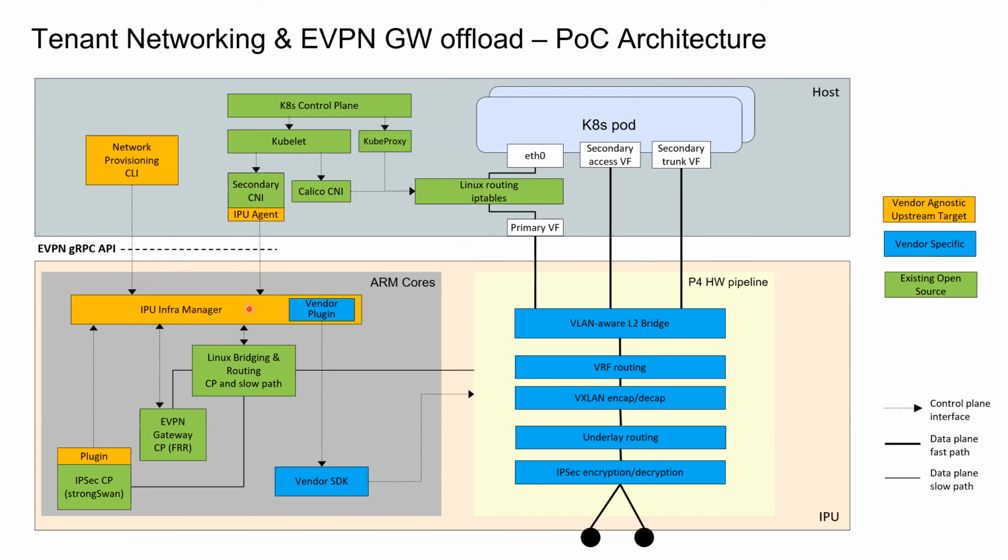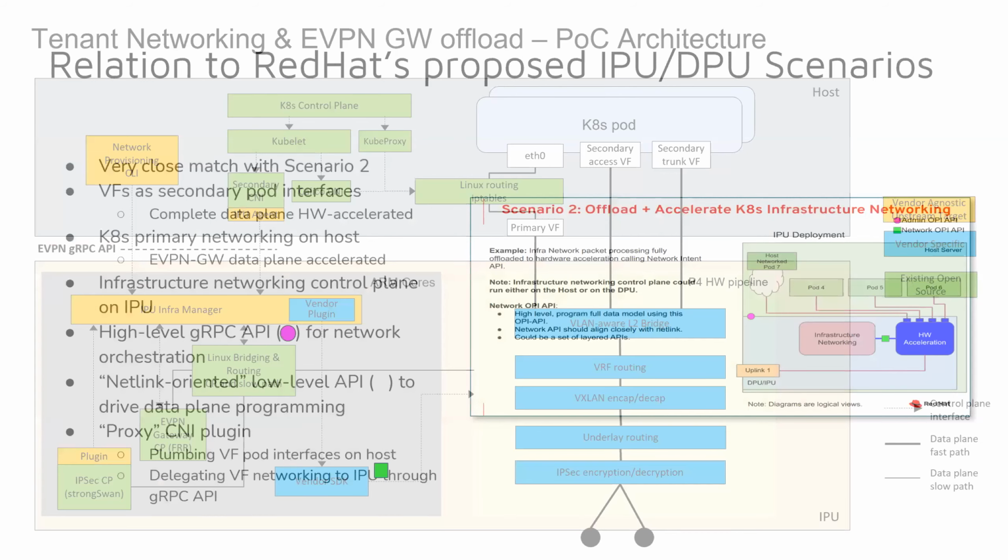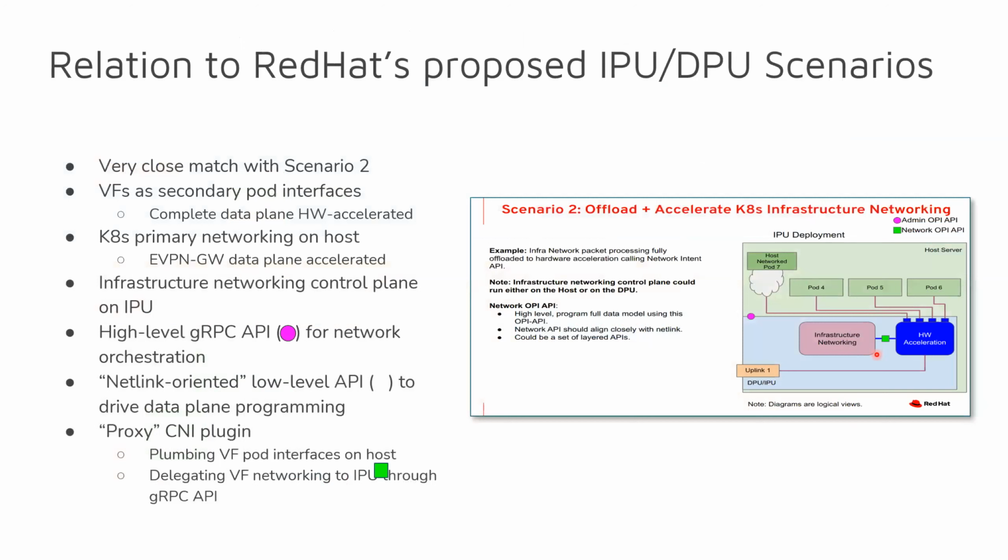Thanks. Very good. So let me move on. I just wanted to quickly highlight that the use case fits very nicely with scenario 2 that Red Hat has defined, or proposed, as one of the IPU/DPU scenarios, where we have the virtual functions that are being injected into the pod as network interfaces. We also can have the host using a virtual function for communication, as we use for the primary networking. We have the control plane running on the IPU.